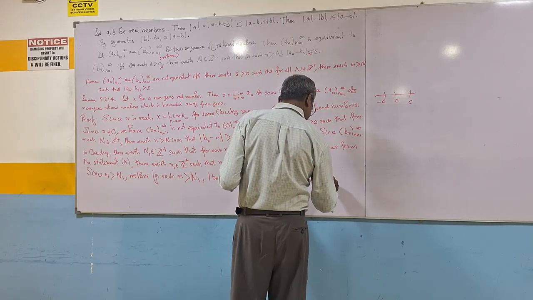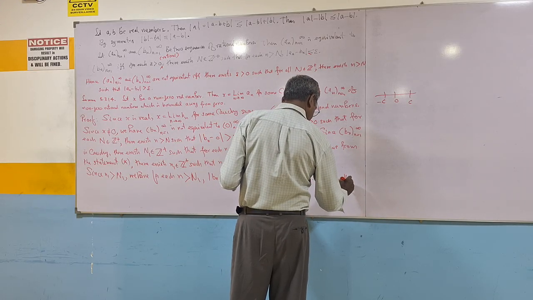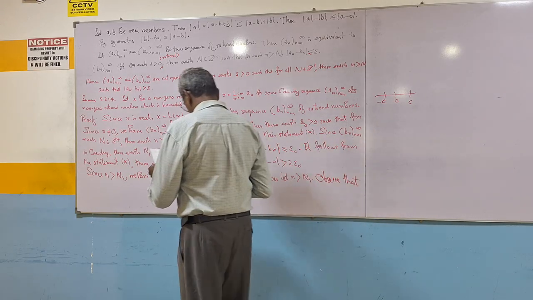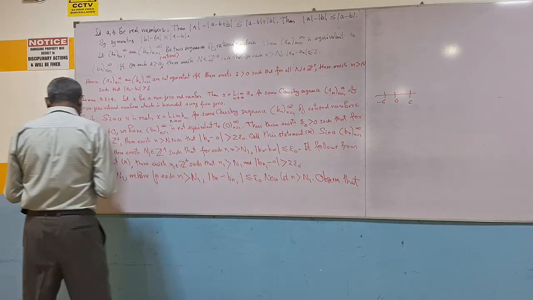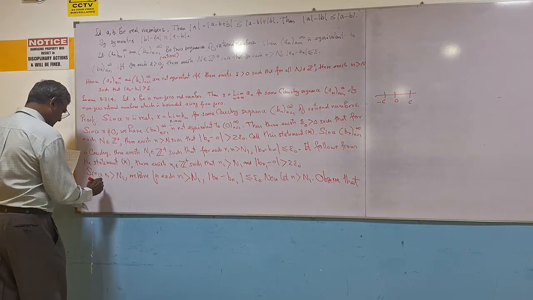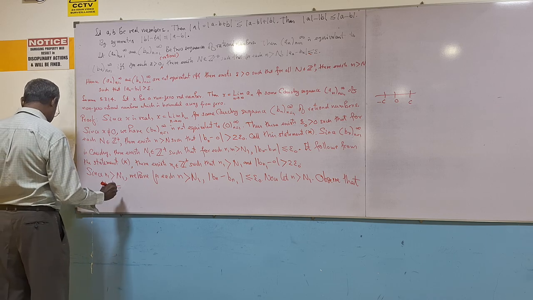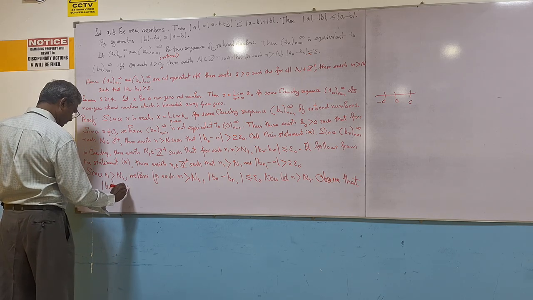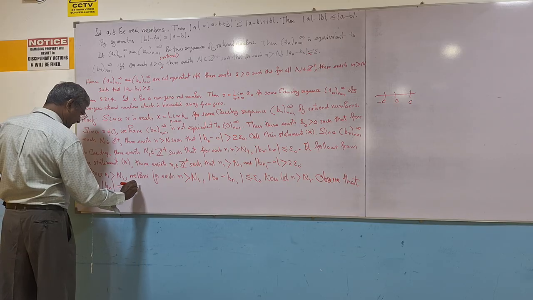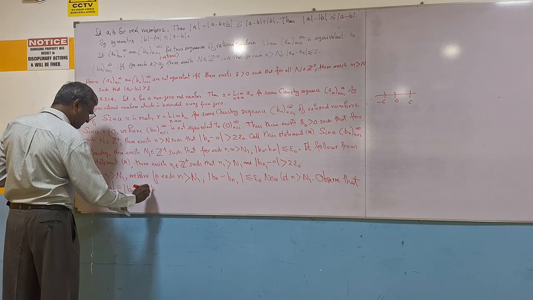Observe that. Now I am taking n greater than n1. Absolute value of Bn is equal to Bn1 plus Bn minus Bn1.